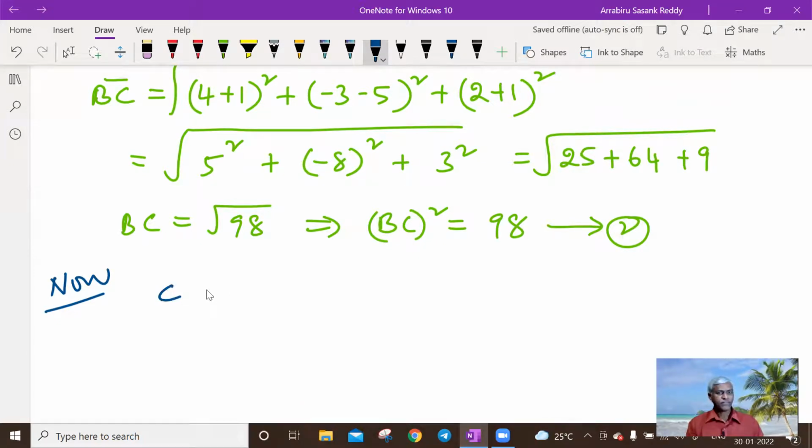That is CA or AC. C is 4, minus 3, 2. A is 2, 3, 5.